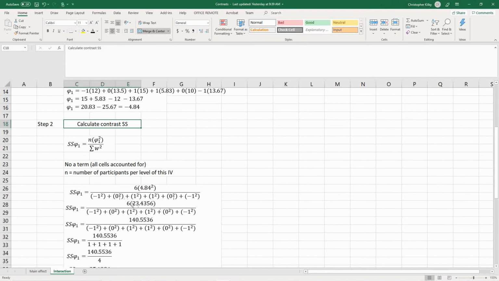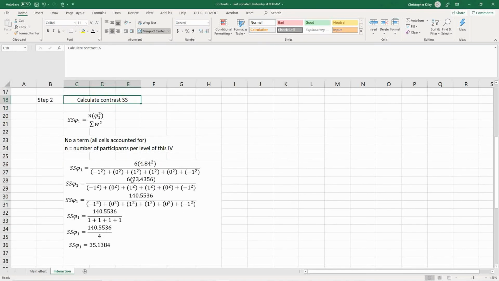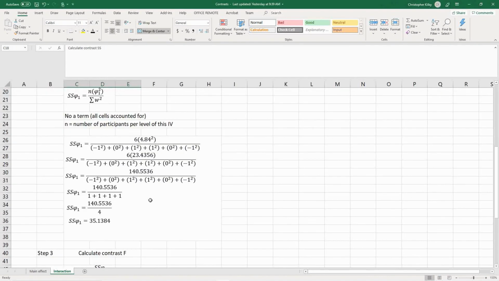I squared my 4.84, it gives me 23.4356. I multiply 6 by 23, it gives me 140 and a bit. I then multiply out my bottom and I get a bunch of 1s. I get 4 1s. I add them together and I get 4. 140 and a bit divided by 4 gives me 35 and a bit.